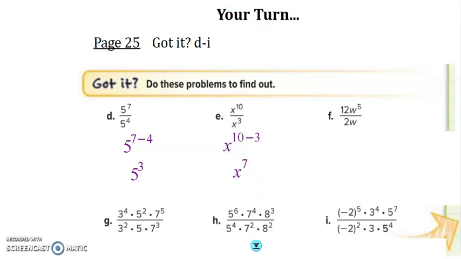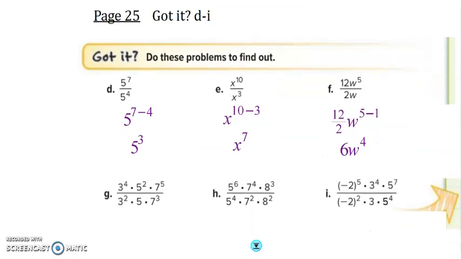In letter F, we're taking 12 divided by 2, which is 6, and w to the 5th minus w to the 1st. Remember, in the denominator, that w has an exponent of 1. So that gives me 6w to the 4th power.